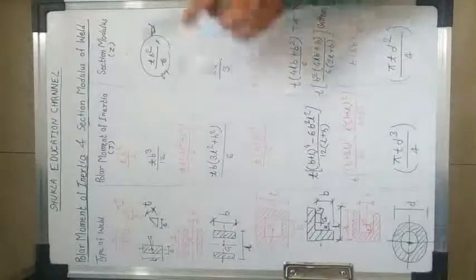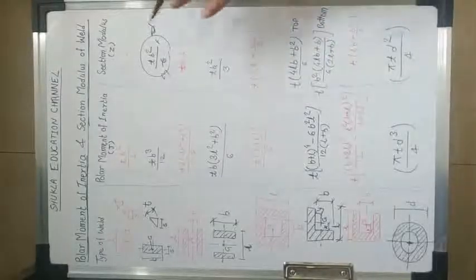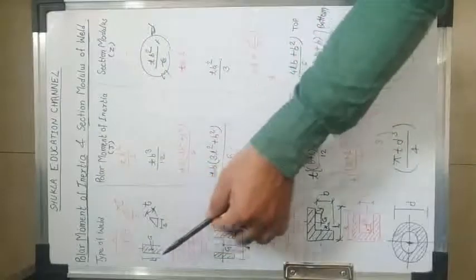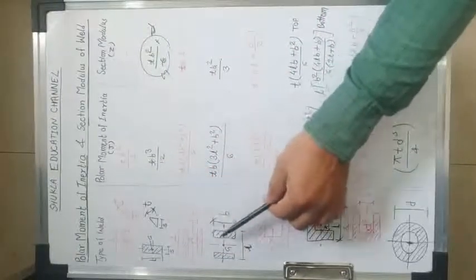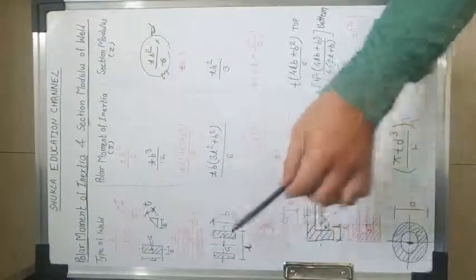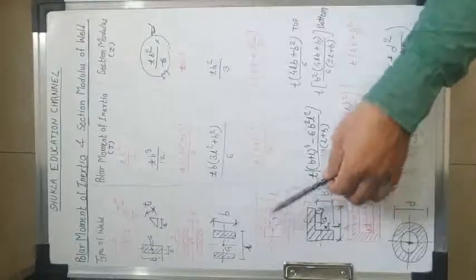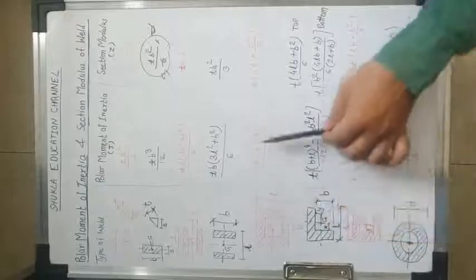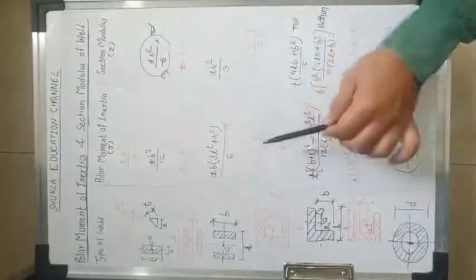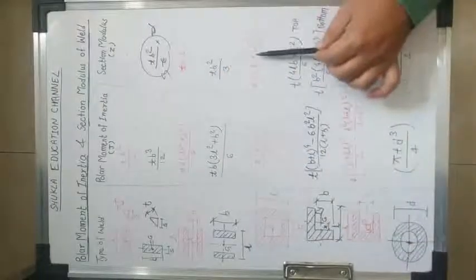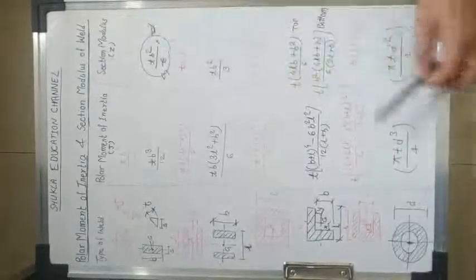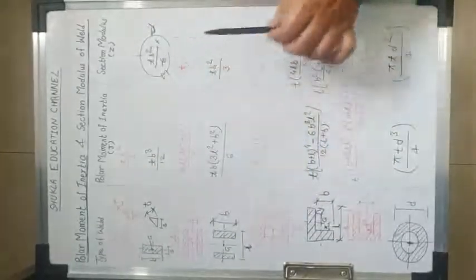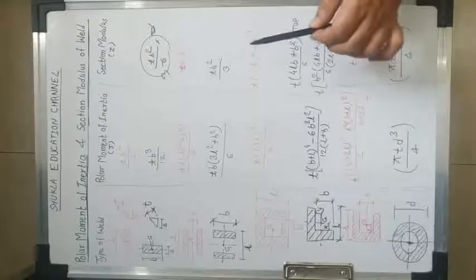Horizontal, vertical, 2 parallel, 2 vertical, rectangular tubes. If you are welding all around, this is its polar moment of inertia and sectional modulus. If you memorize all these formulas, you will solve problems fast.